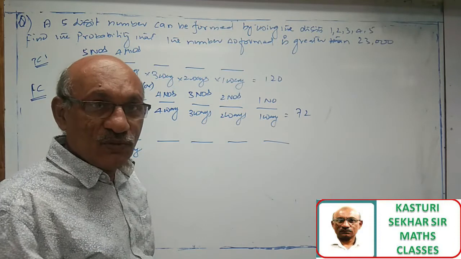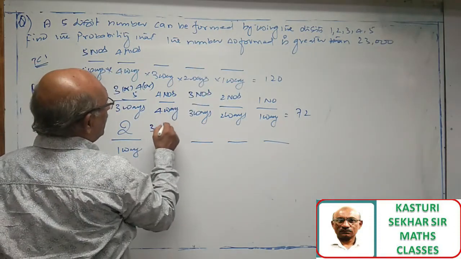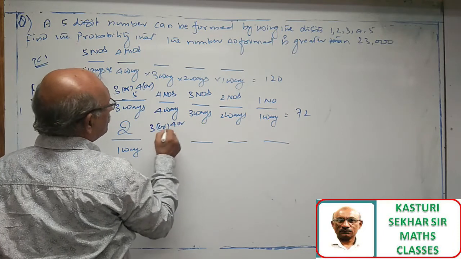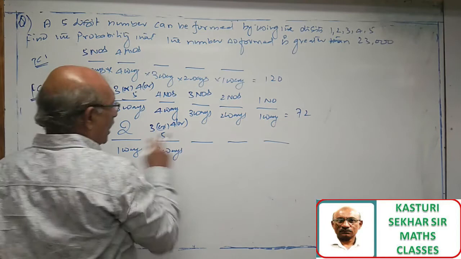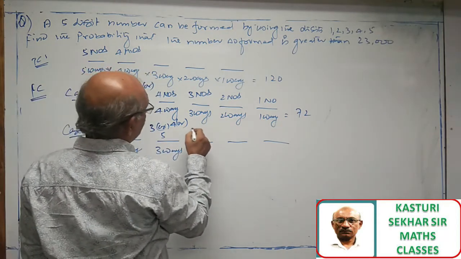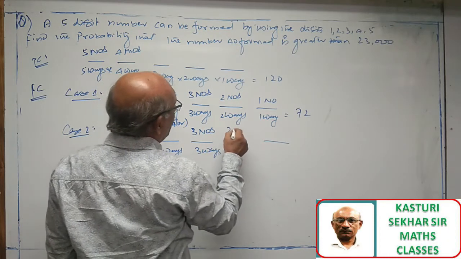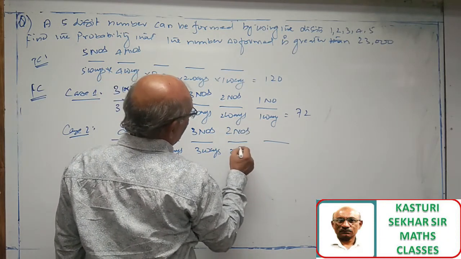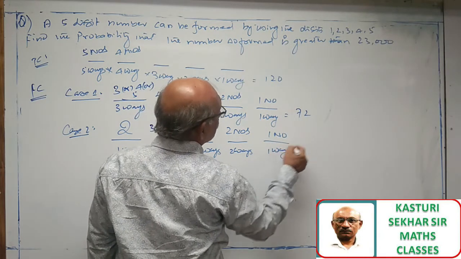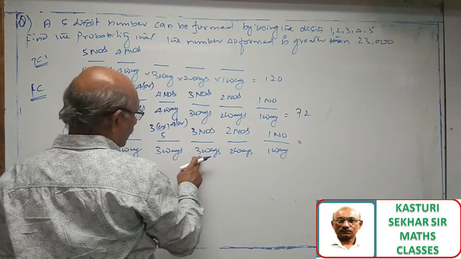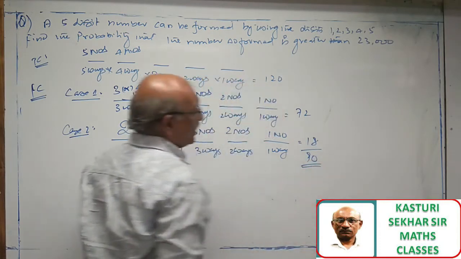So this can be filled with 3 or 4 or 5. This can be filled in 3 ways. 2 numbers are already used. 3 numbers available, 3 ways. 2 numbers are available, this can be filled in 2 ways. 1 number is available, 1 way. So 3 3s are 9, 9 2s are 18. So favorable cases are 90.